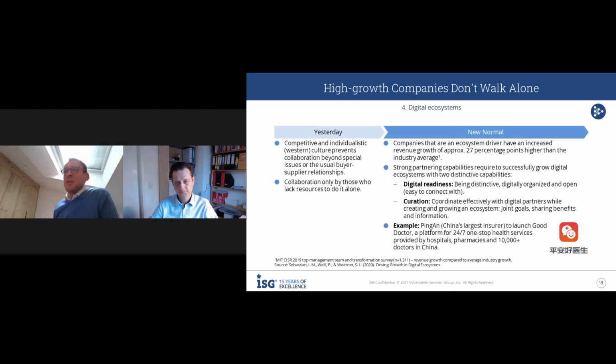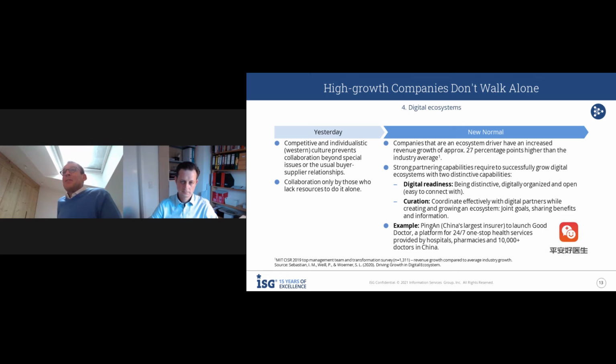We quoted one here from the colleagues from MIT Sloan, and they really did the math on this, basically saying that companies that are ecosystem drivers and became engaged in establishing an ecosystem in their industry have an increased revenue growth of approximately 27 percentage points higher than the industry average.